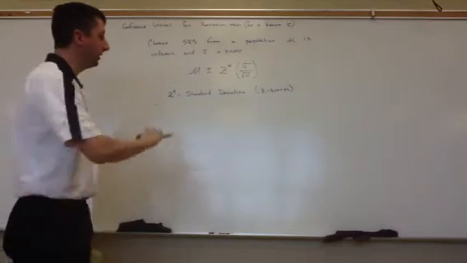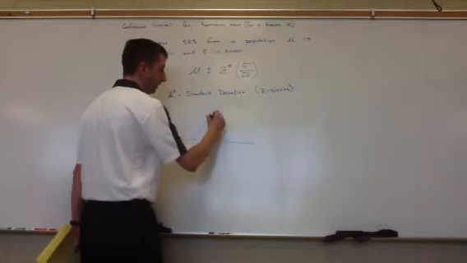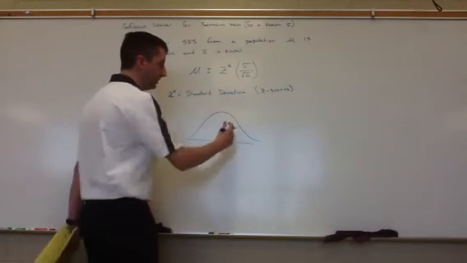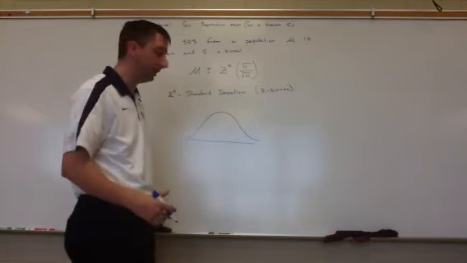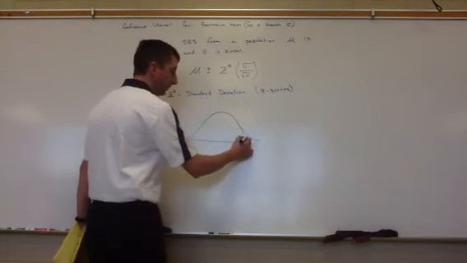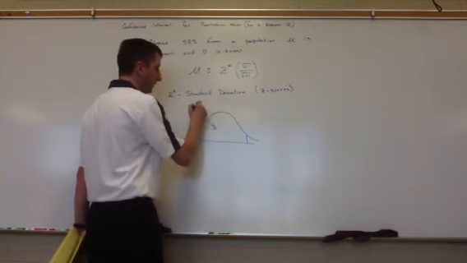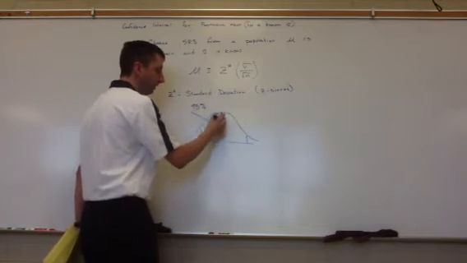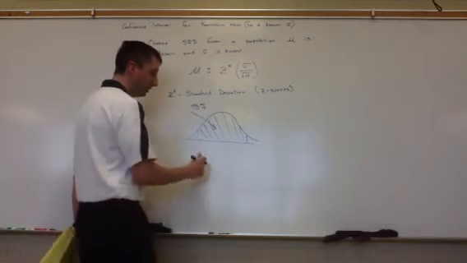Okay, because if we're dealing with a normal population, which we've kind of talked about, and we're talking about a 95% confidence interval, let's say, we're saying we want 95% of my data to be within this region right here. I want 95% of my data there. So I have my two tail ends.